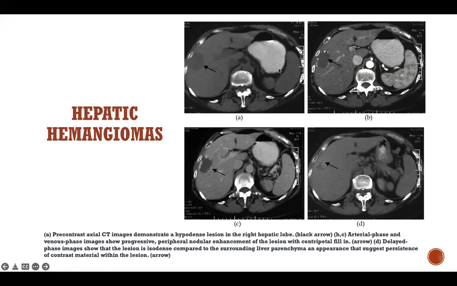Here it is, the triphasic CT scan. We see here peripheral nodular enhancement of the contrast during the arterial phase, also with the portal phase, but it disappeared during the delayed phase.